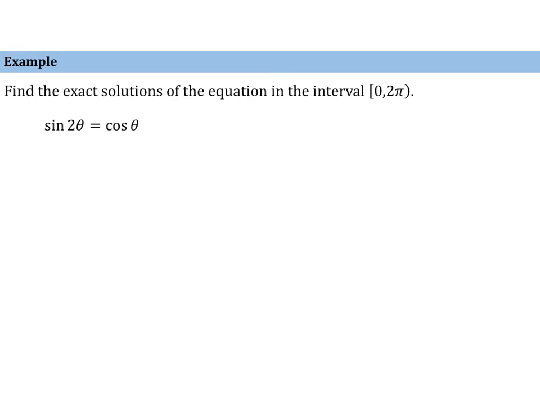So sine of 2 theta can be written as 2 sine of theta cosine of theta. And we've been told that this is to equal cosine of theta. So let's get one side equal to 0. And so that means we're going to subtract cosine of theta from both sides.